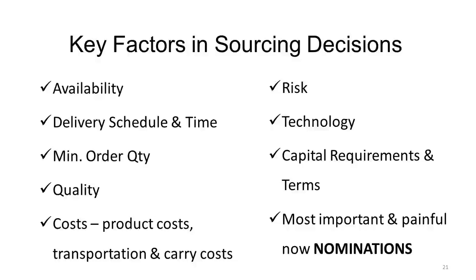If we take the other meaning of capital, which is money, then as a buyer of raw material, my capital requirement would be, if a vendor can give me a credit period of 30 days or 45 days, it will be great.